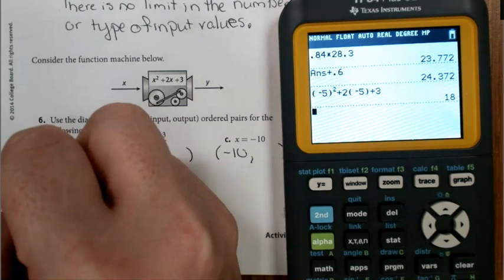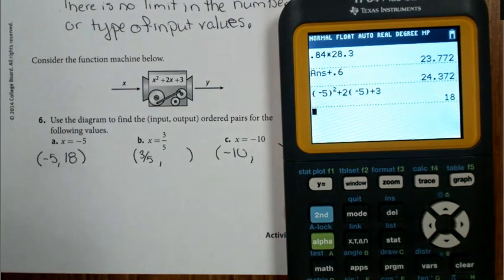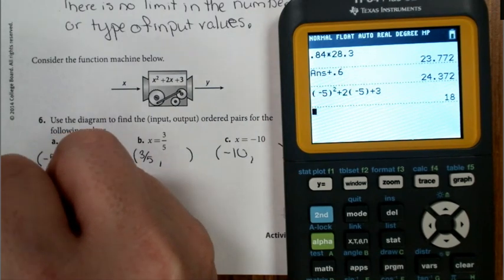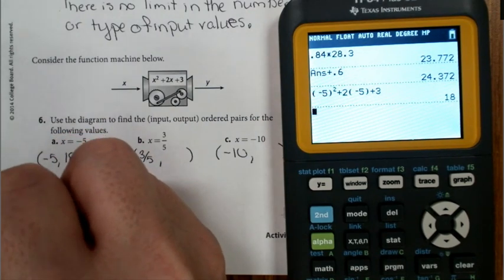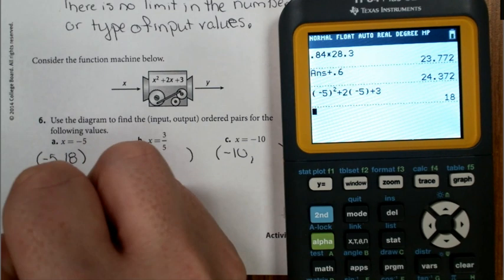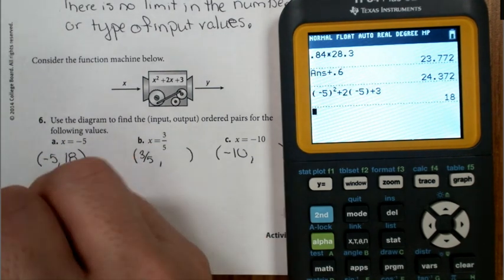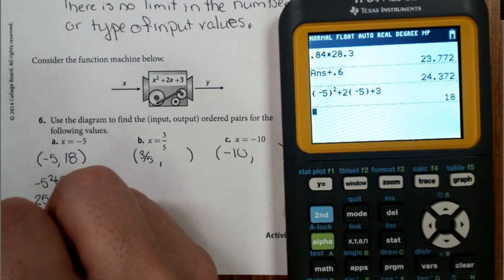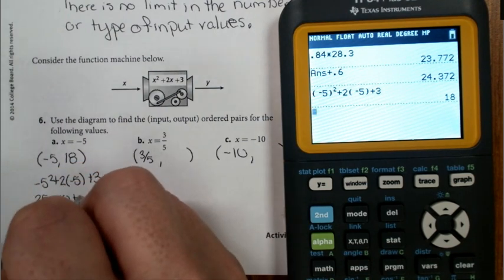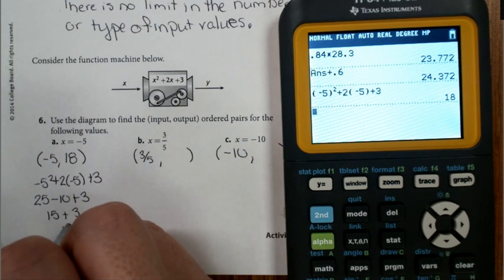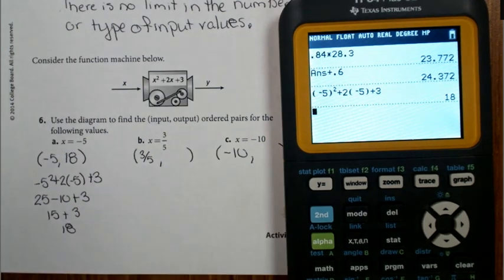So my output is 18. Well, that makes sense because negative 5 squared plus 2 times negative 5 plus 3 is going to be 25 minus 10 plus 3. So that's 15 plus 3, which is indeed 18. All right.